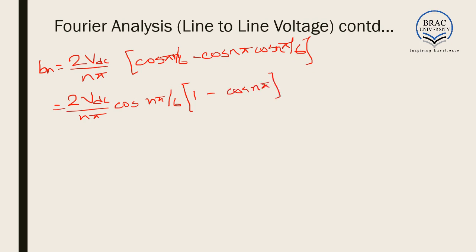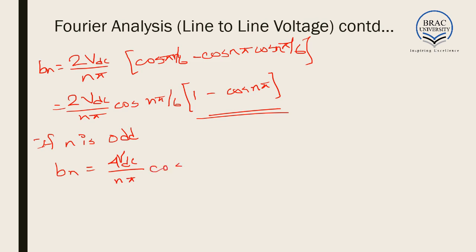Now if n is odd, cos n pi would be equal to minus 1, and 1 minus minus 1 would be equal to plus 1. So if n is odd, this term will become 2, and we'll get Bn is equal to 4 VDC by n pi cos n pi by 6.